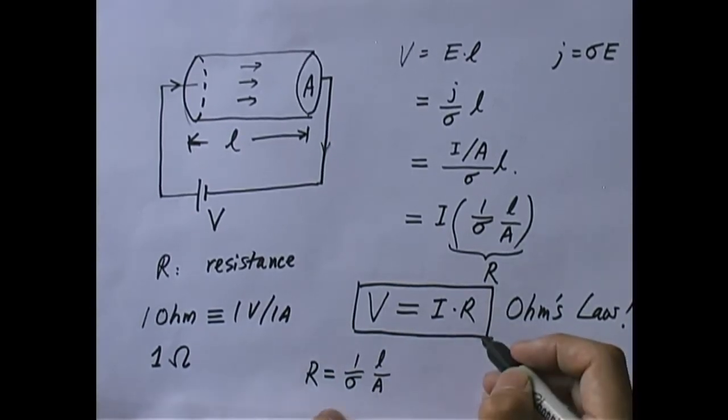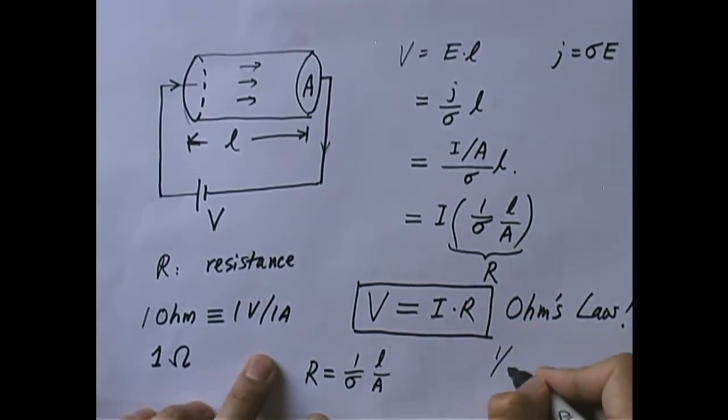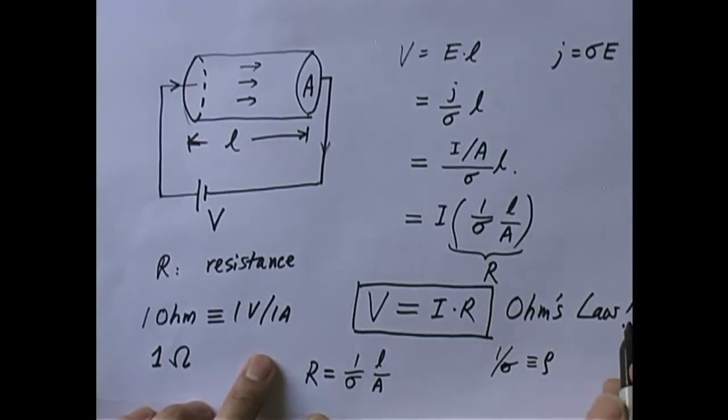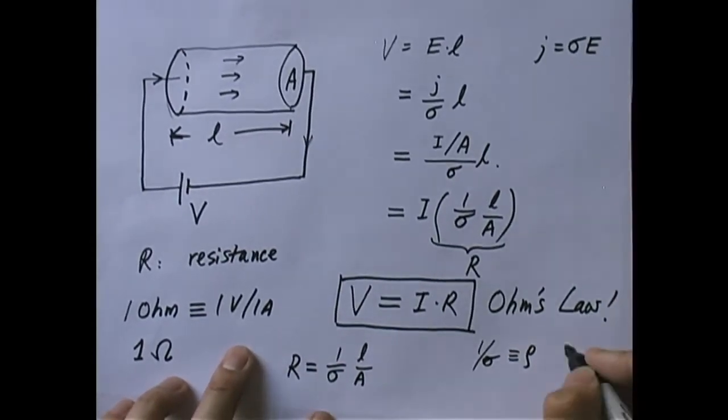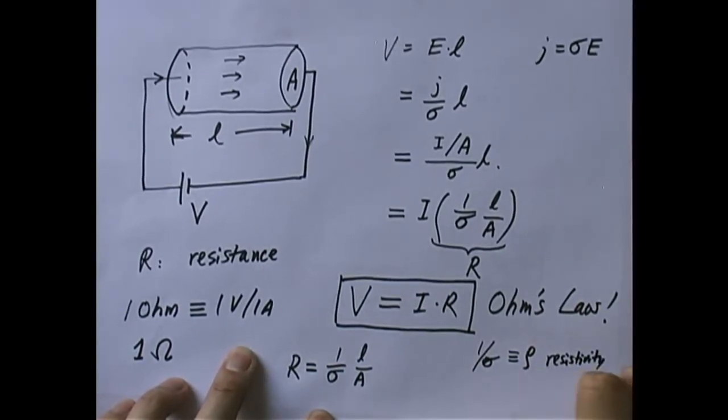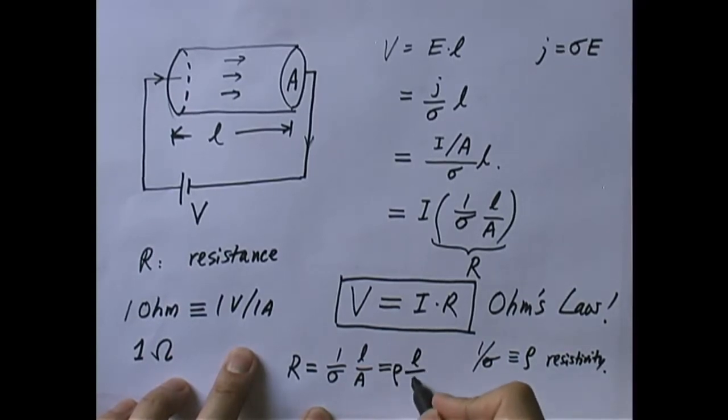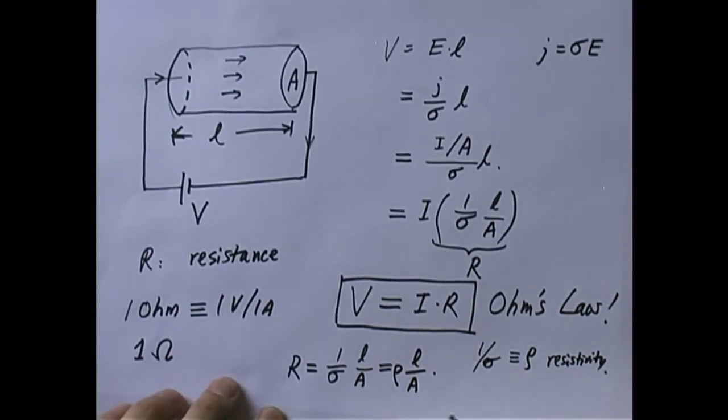And we define 1 over sigma as rho. That's the definition. Sigma is called conductivity. What do you think rho is called? Resistivity. Okay, that makes sense. So we can write this as rho L over A. What is the meaning of rho?